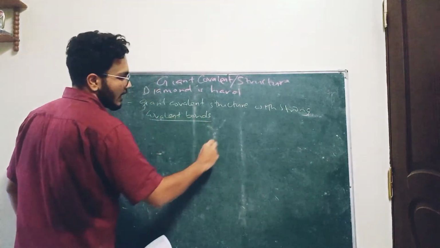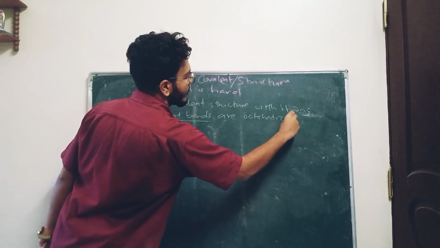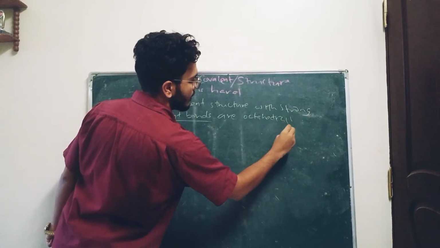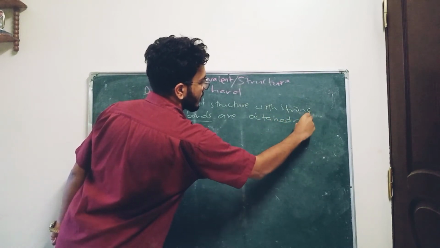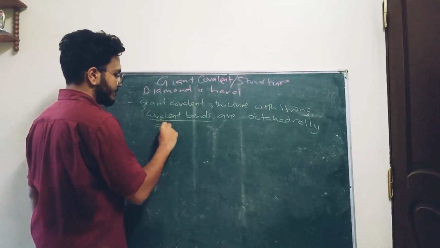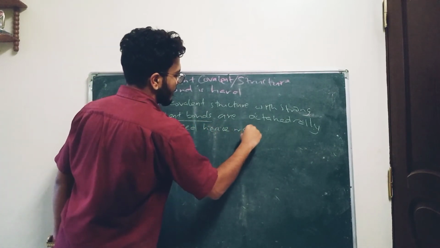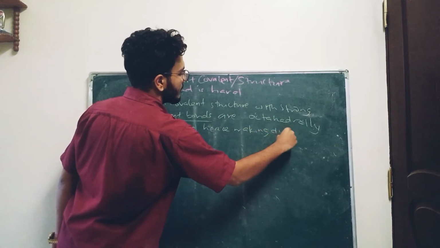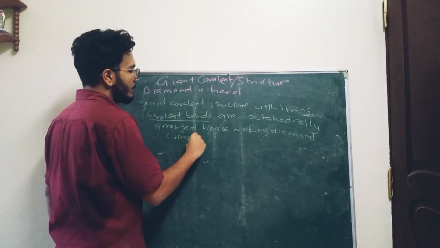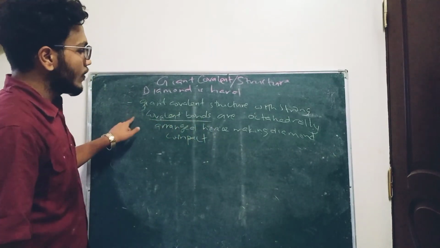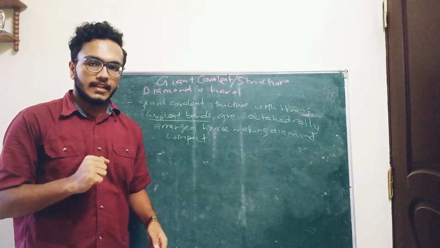These covalent bonds are octahedrally arranged, hence making diamond compact. It is compact, hence it is hard. Giant covalent structure with strong covalent bonds. The covalent bonds are octahedrally arranged, hence making diamond compact.